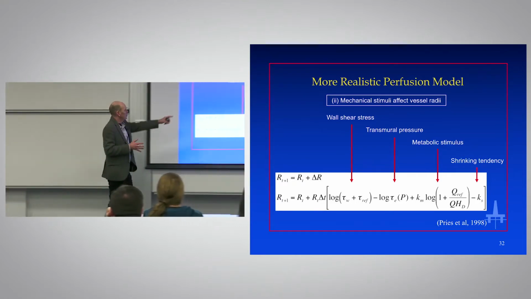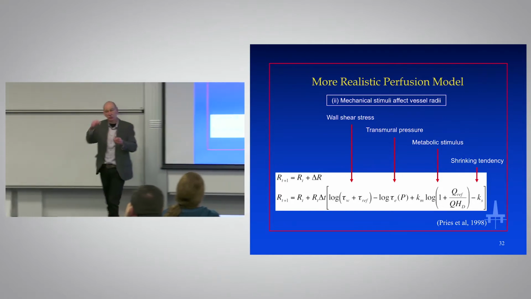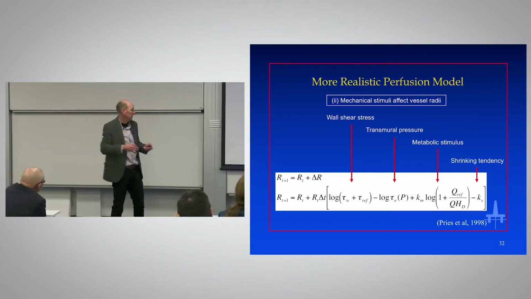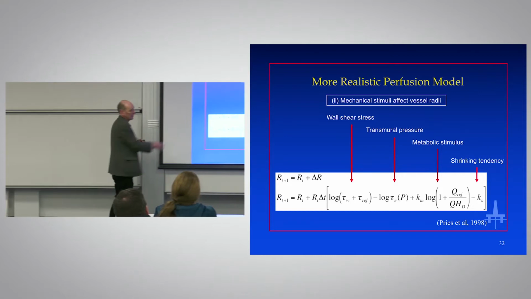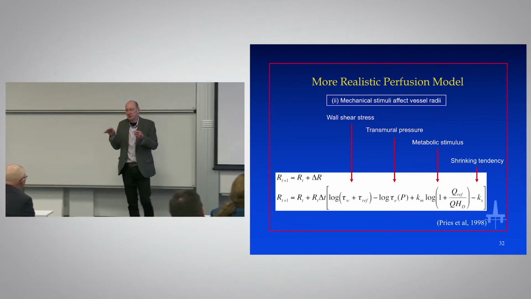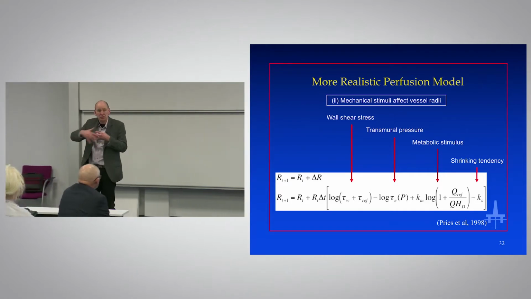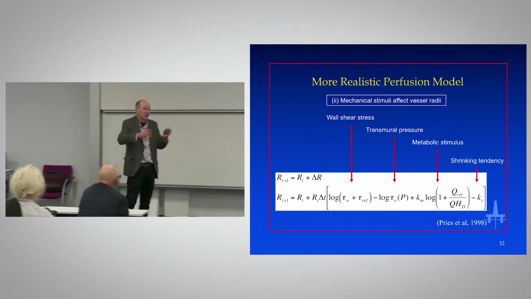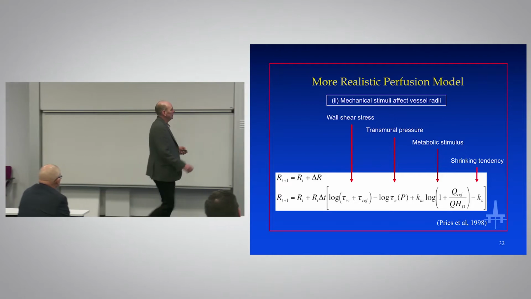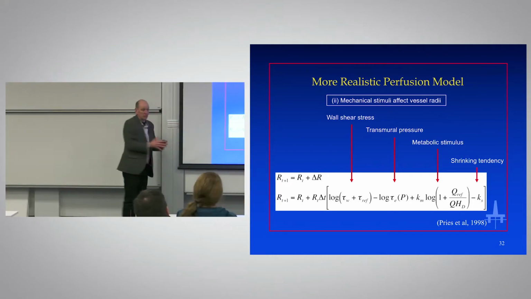There's a transmural pressure term, so depending upon the pressure difference within and without the capillary. There's a metabolic stimulus, so these endothelial cells that are forming the capillaries are somehow giving off some chemical that's flowing downstream and affecting the radius of downstream capillaries. And a shrinking tendency, so this whole equation doesn't blow up.